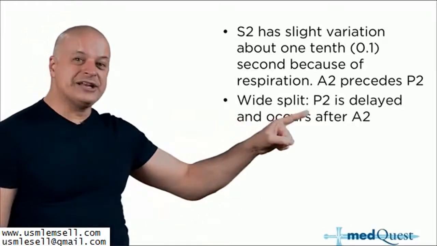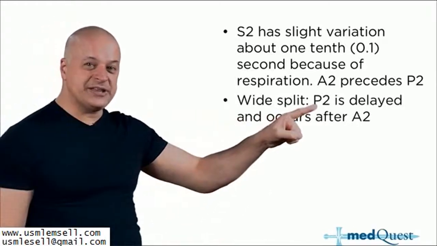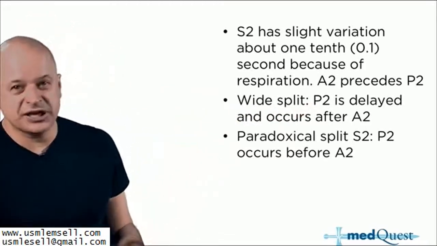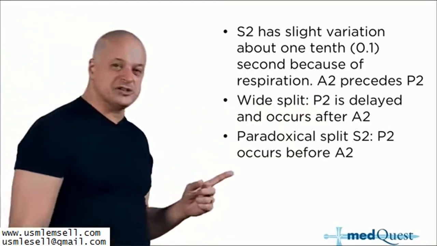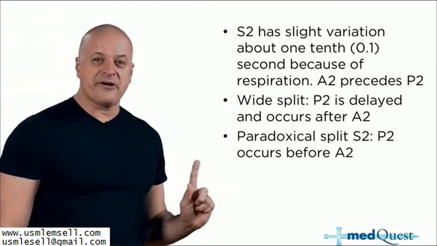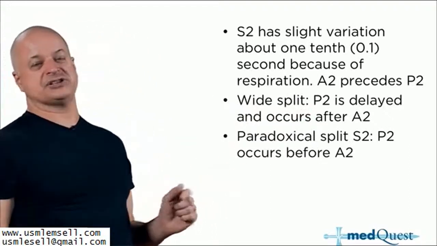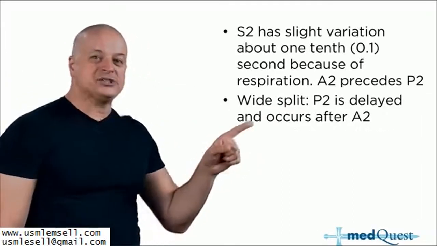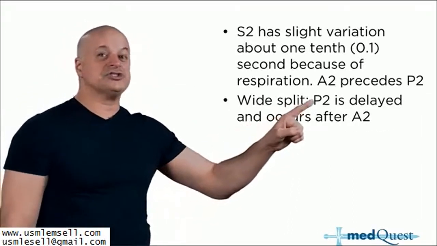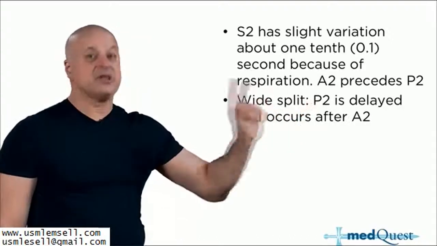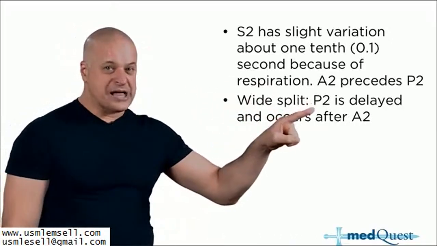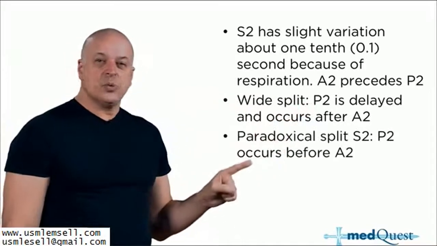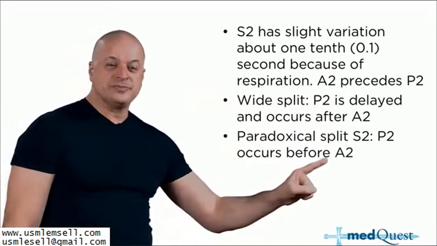What increases the pressure, delays the emptying there? Pulmonic stenosis, pulmonary hypertension. Paradoxical splitting is the exact opposite. Wide splitting: pulmonic stenosis, pulmonary hypertension, right bundle branch block delay the P2. What delays the A2?